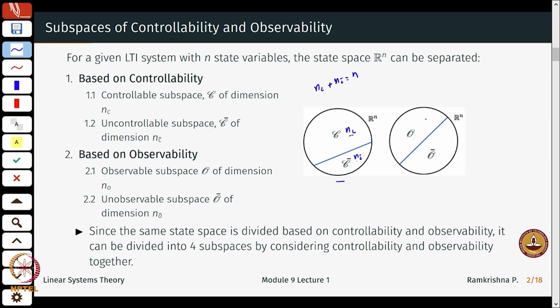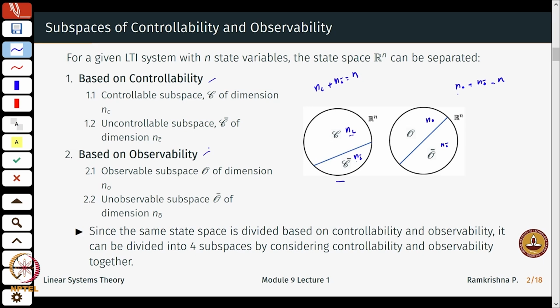Similarly with the observable and the unobservable part, again in such a way that the total dimension of the observable subspace plus the unobservable subspace is the dimension of the state space, right. So that is what we did, separate analysis both for controllability and observability.